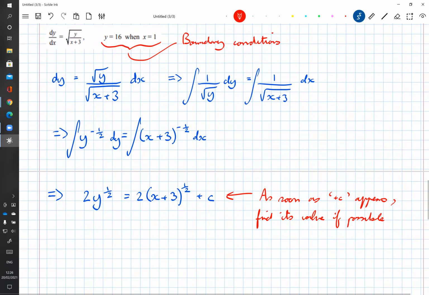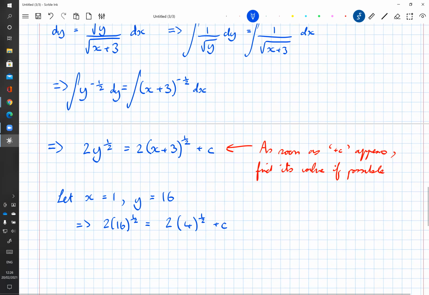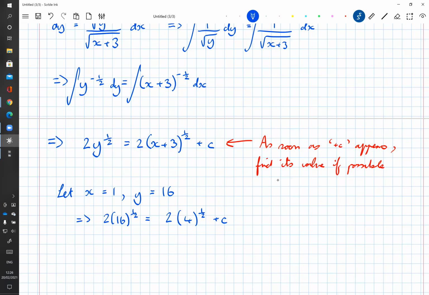So we've got our boundary conditions there. So let X equal 1 and Y equal 16. Which means that 2 lots of 16 to the power of a half equals 2 lots of 4 to the half plus C. So, I'm not going to be that lazy.